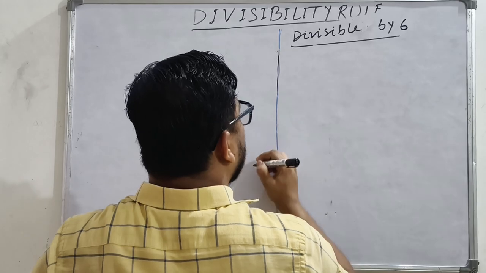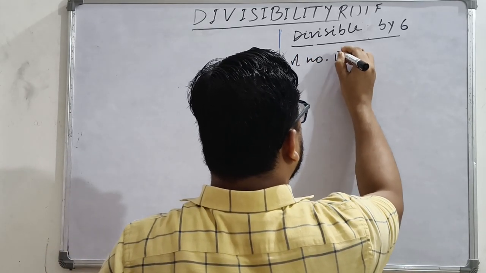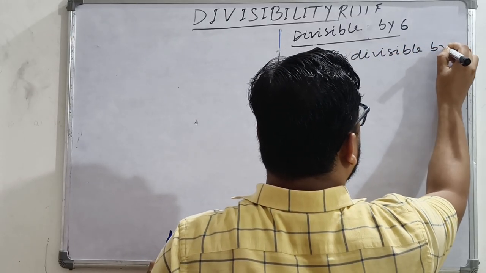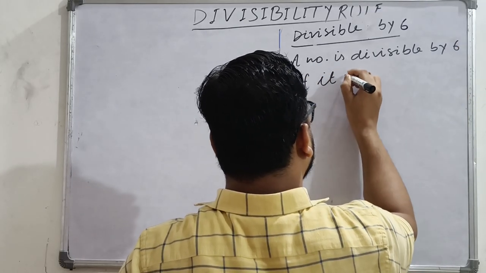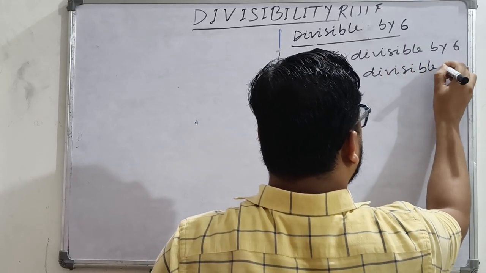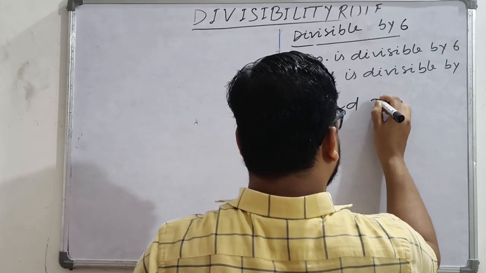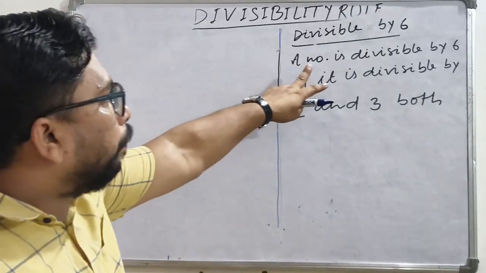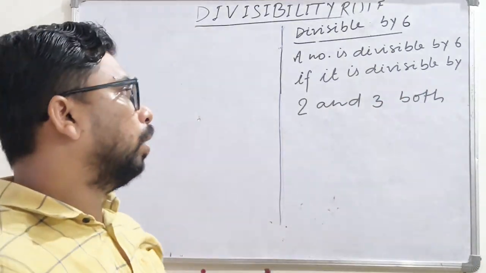A number is divisible by 6 if it is divisible by 2 and 3 both.